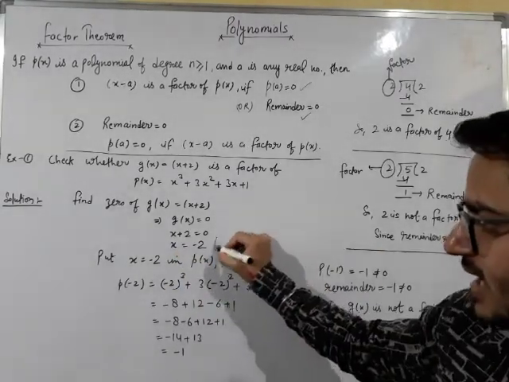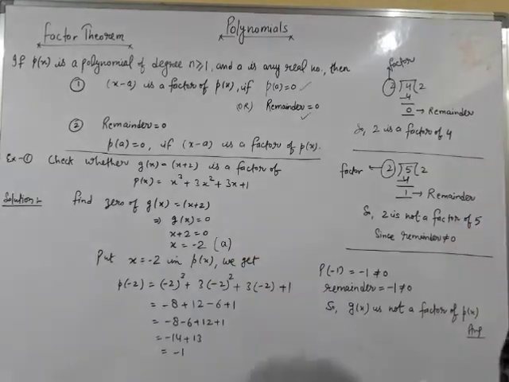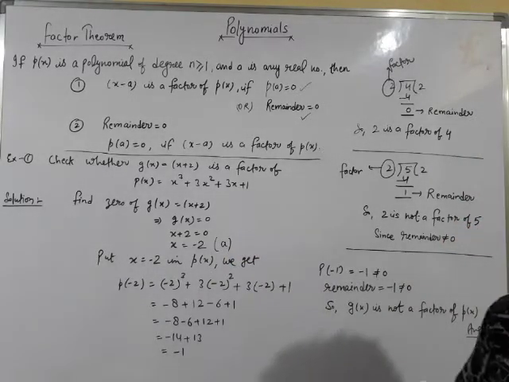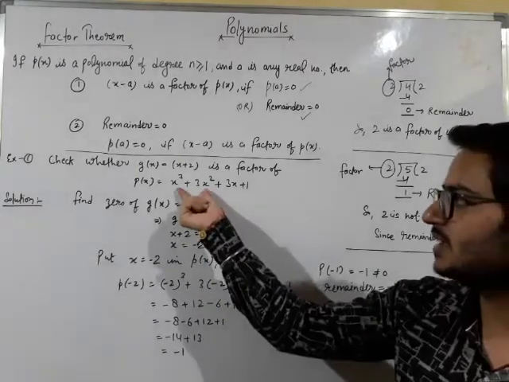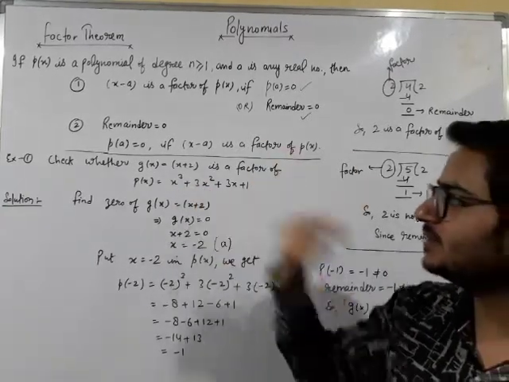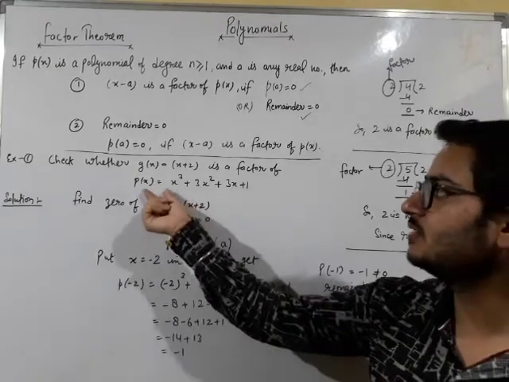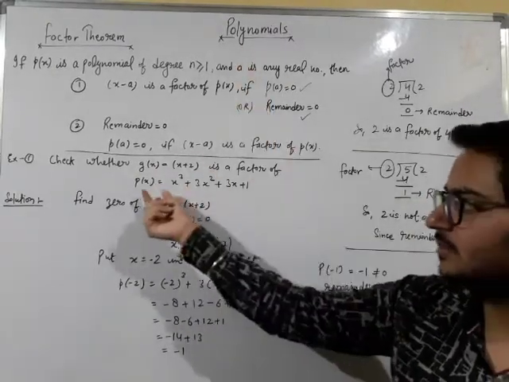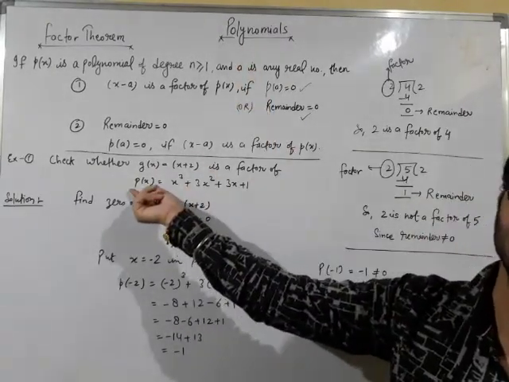We can understand it as a. Now we will find the remainder. This is our p(x) polynomial and we want to find its remainder. By the remainder theorem, p(a) will be the remainder.